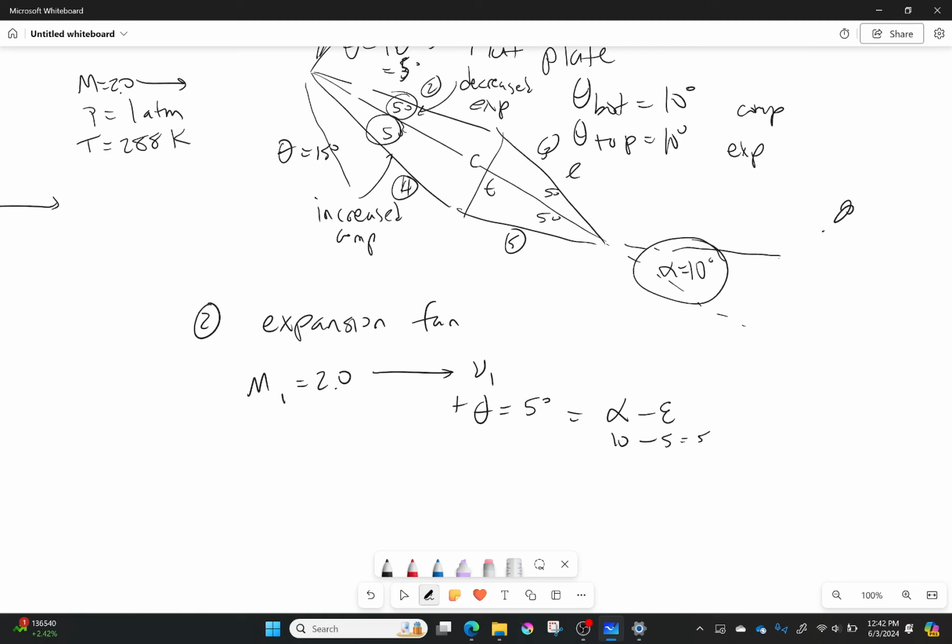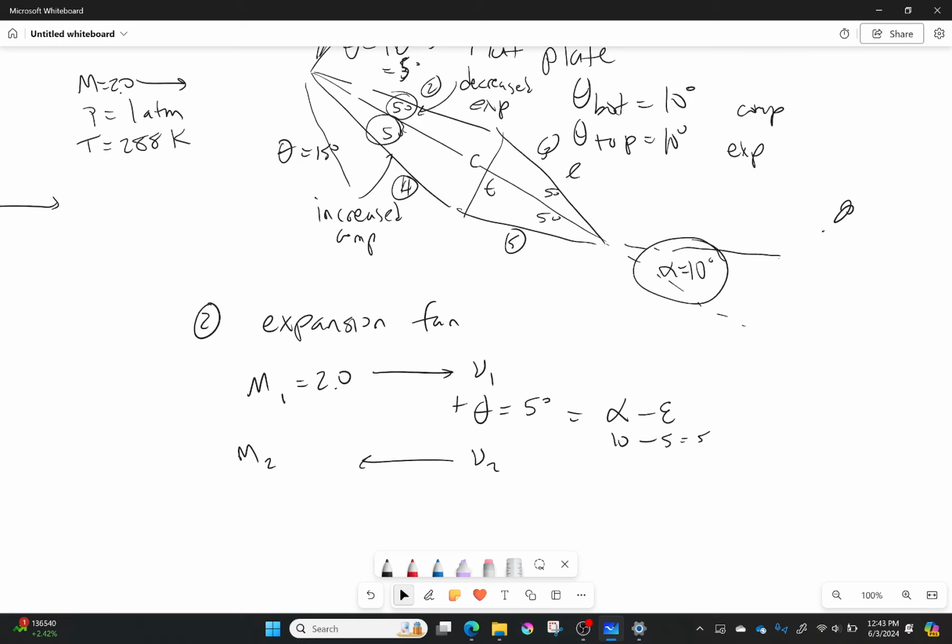And then from that, I'm going to get V2, and head back and figure out my Mach number 2. Later on, if I want to, I can come back and get my properties. Mostly right now, I'm going to focus on getting those Mach numbers, at least for the expansion fans, because those are easiest.